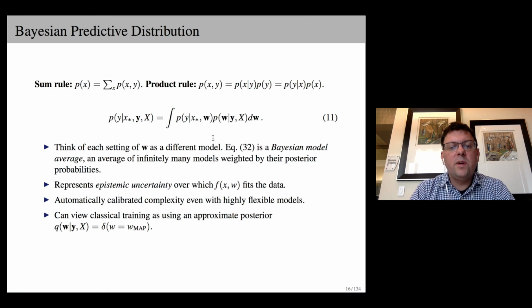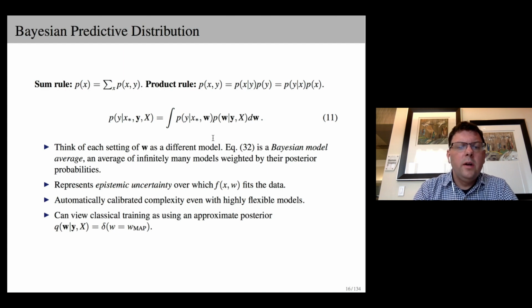This model average represents what's called epistemic uncertainty over which function fits the data. There are many different functions corresponding to different settings of the parameters, and we're not sure, given a finite sample, which is the right description of the data. By representing epistemic uncertainty, we can have some robustness against overfitting.